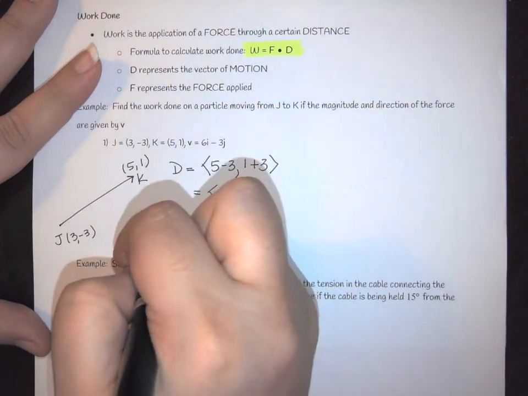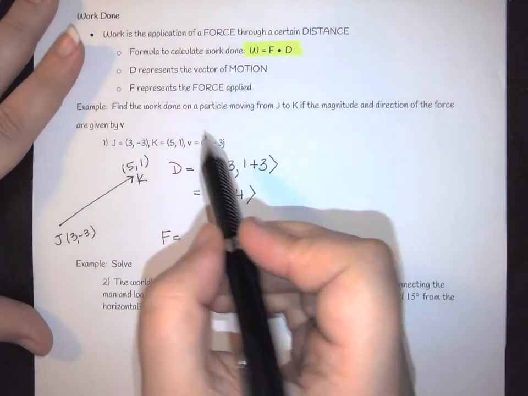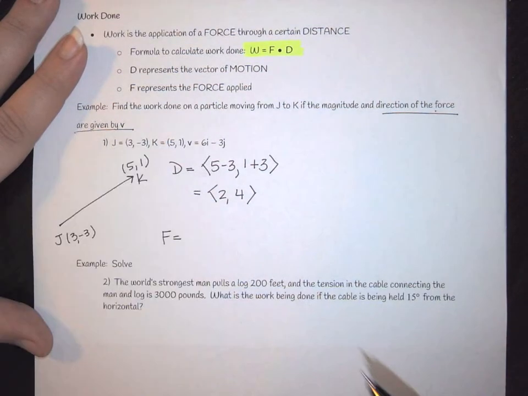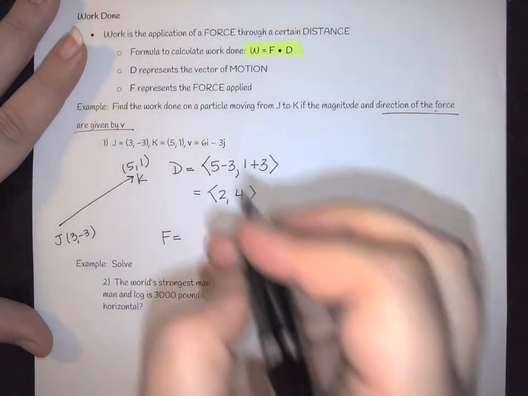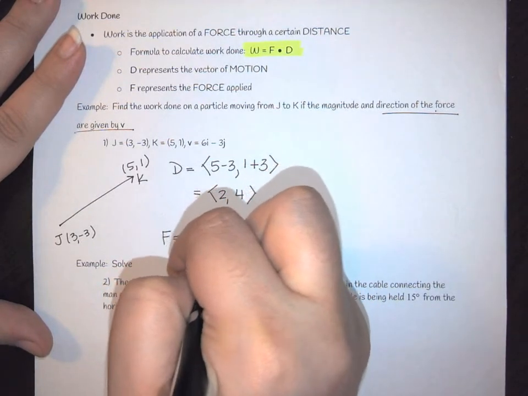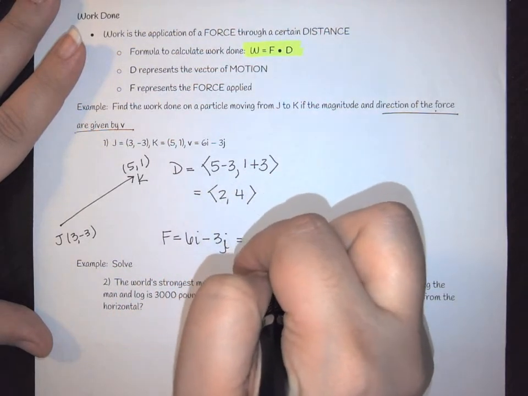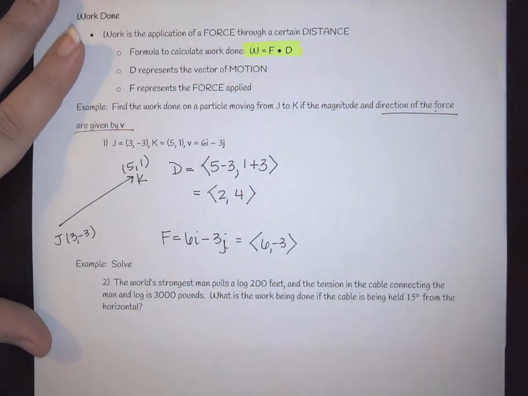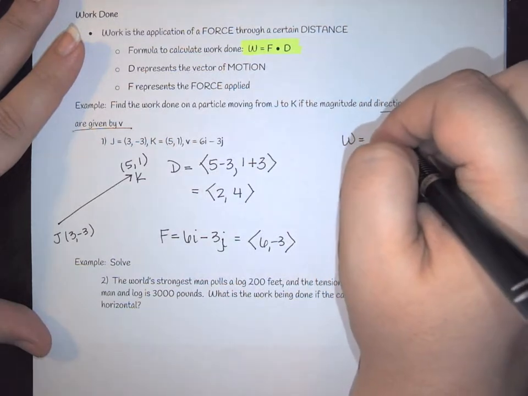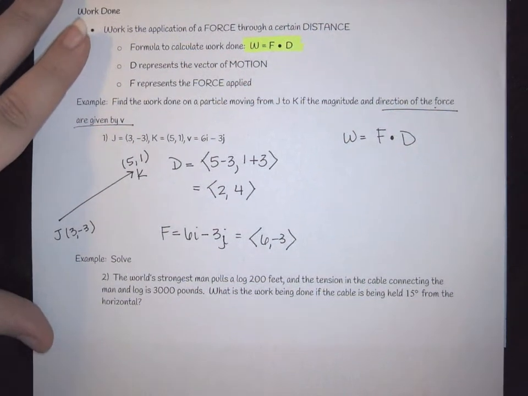And now we need to look at what my force vector is. Well, my force vector is represented by V, because it says direction of the force given by V. So here this is going to be 6i minus 3j, which is the component 6, -3. So now all we have to do is find our work. Again, work is going to be the force dot product with your motion vector or distance.